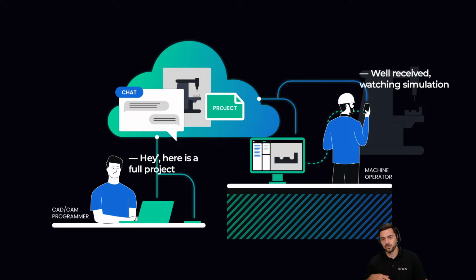So you don't have to use third-party software, for example, for remote control of the operator screen, for sending pictures, videos, or making video calls. Everything is embedded in the feature-rich chat. You can use it directly from our software, and this all comprises the ecosystem.